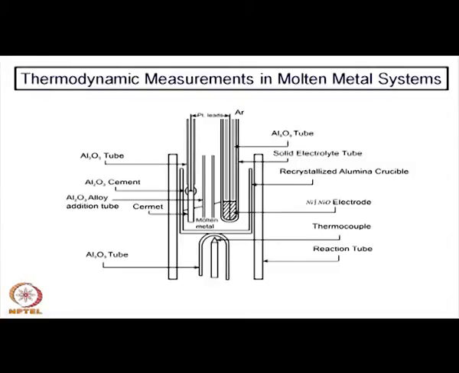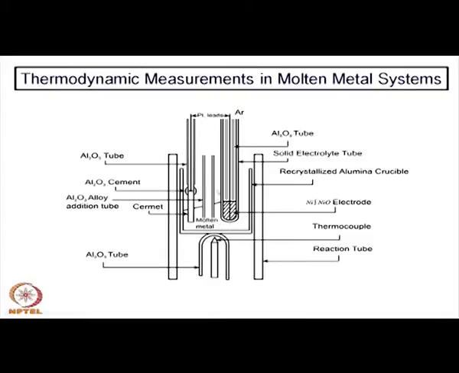So, through the molten metal it actually connects this surface. So, inside you have a reference and outside you have the metal, and the contact is made through this immersed cermet and the molten metal being an electrically conducting material. So, it contacts up to this point.